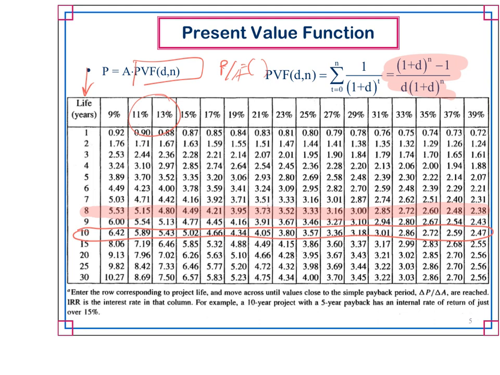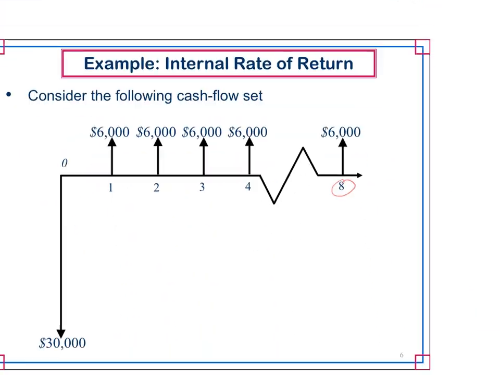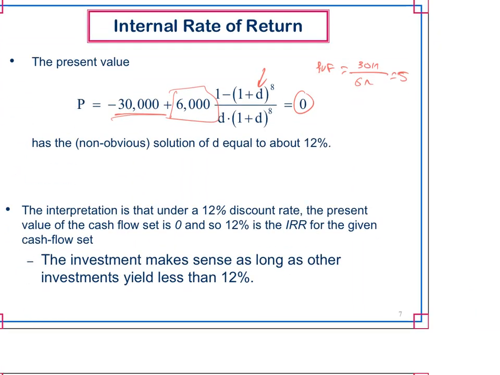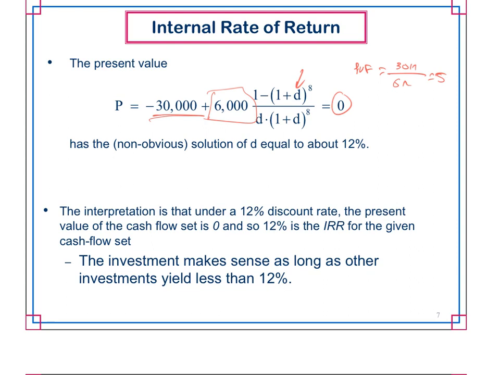So we said that our PVF is supposed to be 5. So you can see that in this range is what the IRR is, because 5 is between 5.15 and 4.8. So at approximately someplace in the middle, and if you look at the results, it's 12%.